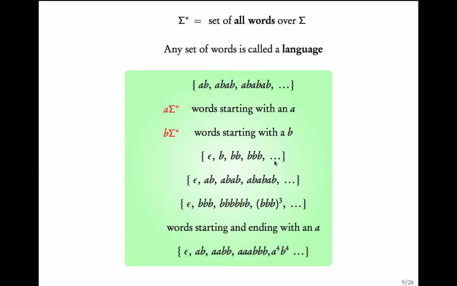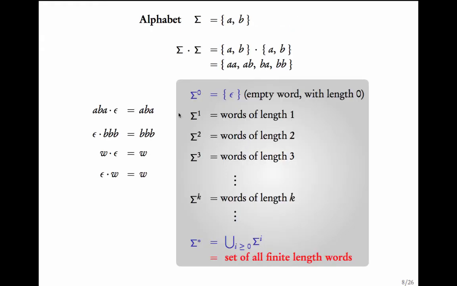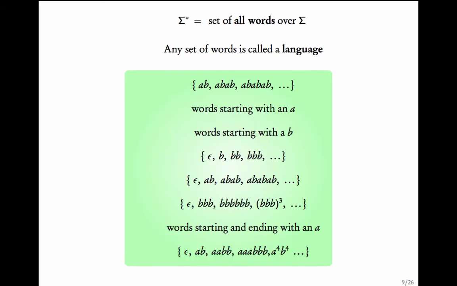What about this? If we talk about sigma star, that will include all words of finite length. Suppose I restrict sigma to just B. What will I get?